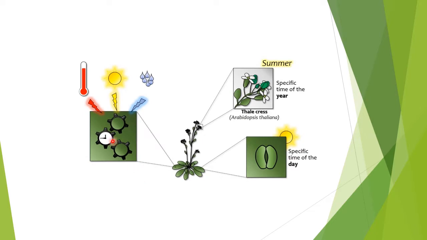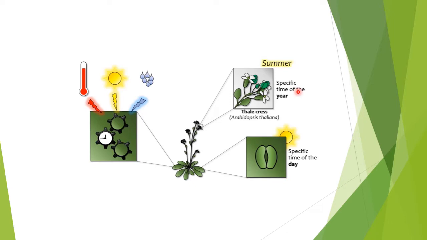See, this is the biological clock. These are the external parameters: temperature, sunlight, blue light. This is the plant, and it will experience, at a specific time of the day, the dawn of the day, there will be the opening of the stomata, and in a particular season, there will be the formation of flowering.